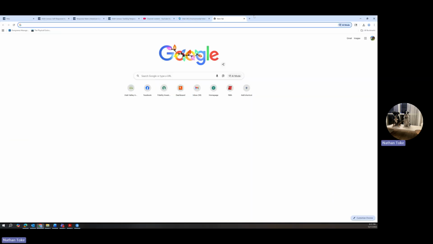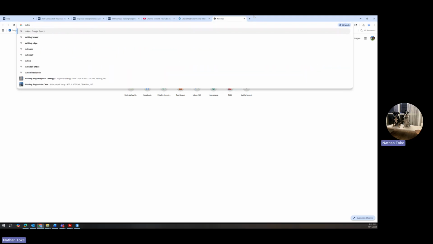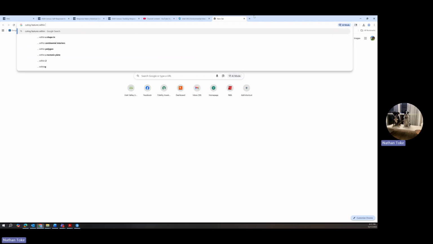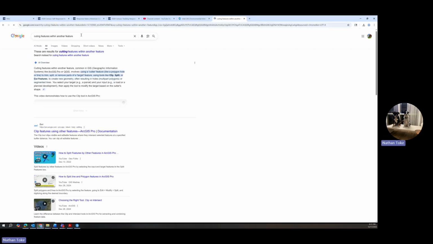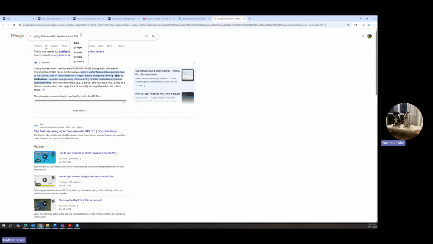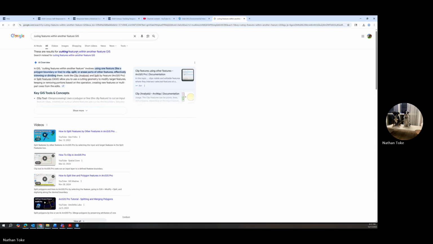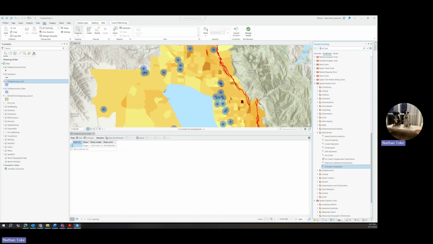I'm forgetting the term and I needed to look it up. So cutting features within other features in GIS, of course. Erase, that's what we want. Okay, so we want the erase tool.